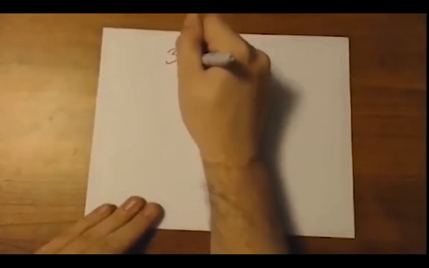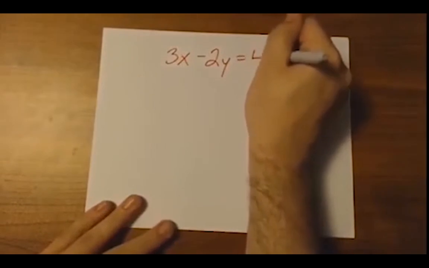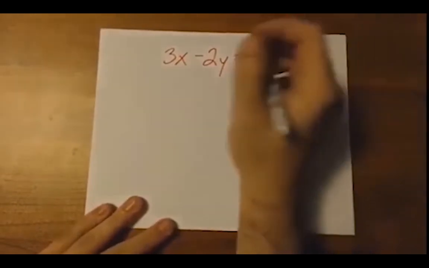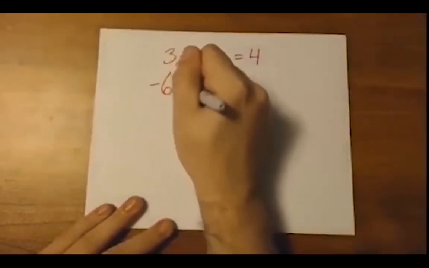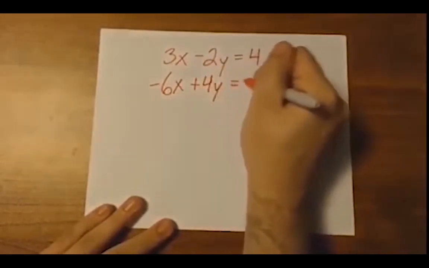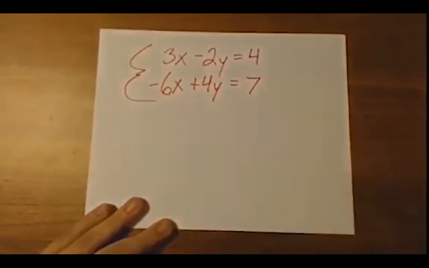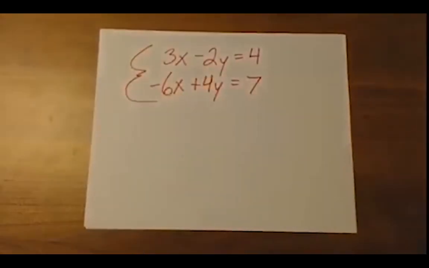We have 3x minus 2y equals 4, and negative 6x plus 4y equals 7. That is our system.